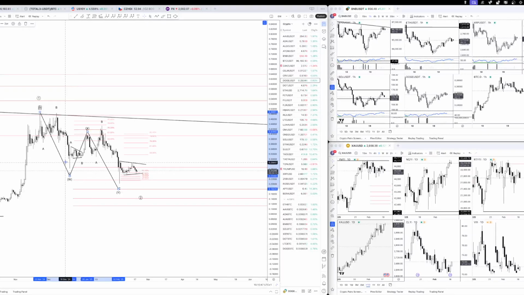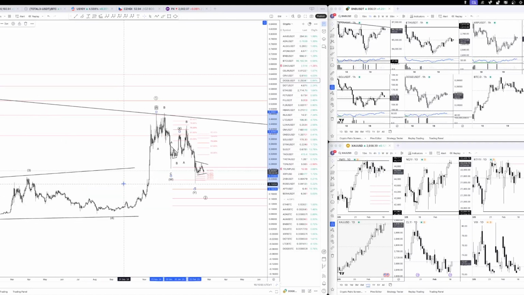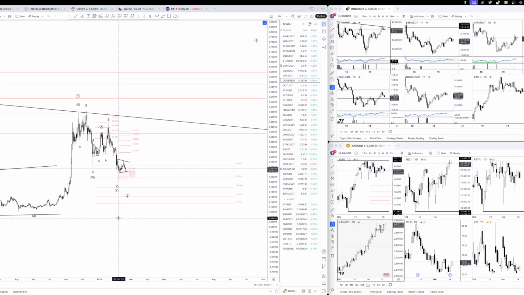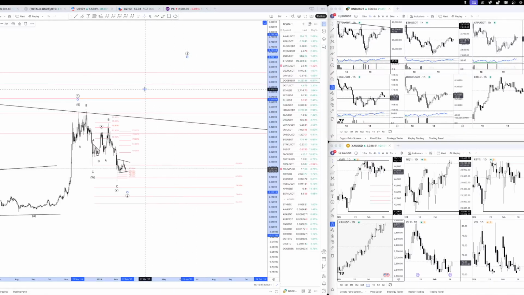Now, if we are considering that the correction is over, then it's all well and good because the correction dipped below the 61.8%, close to the 70.2%. As you know, it's an area of inflection, so we could assume that correction is over and we should look to the upside for 5 waves to make our wave 3 in circle.